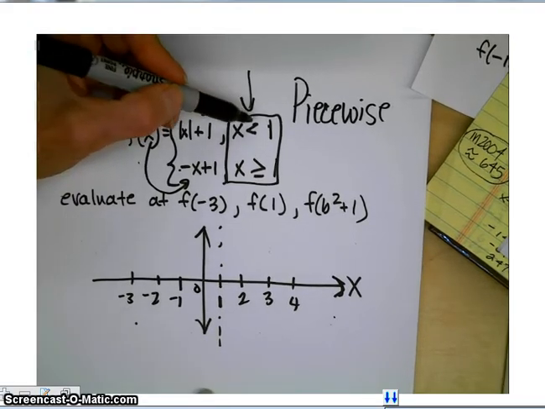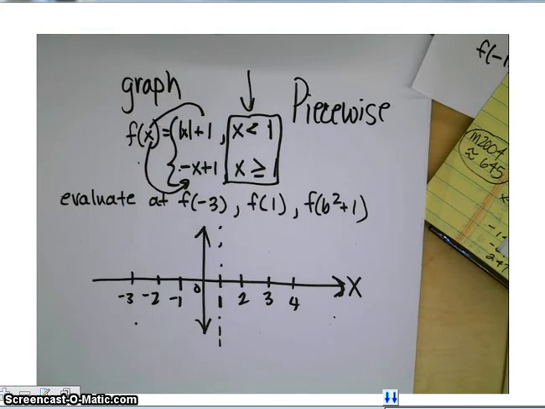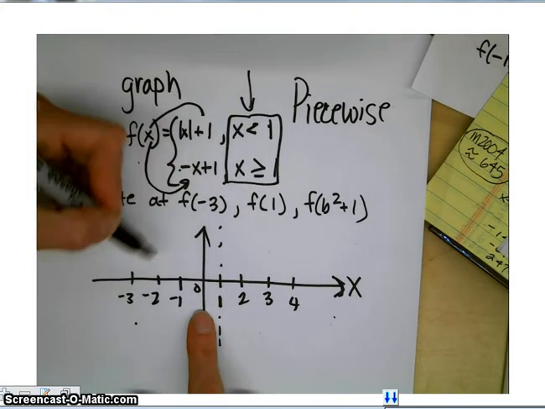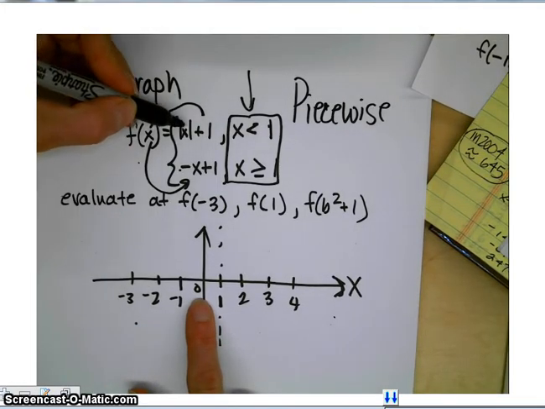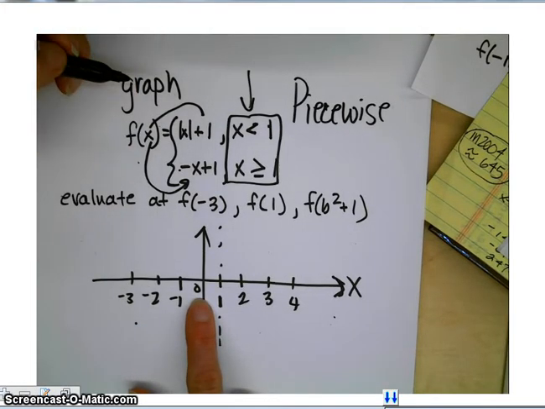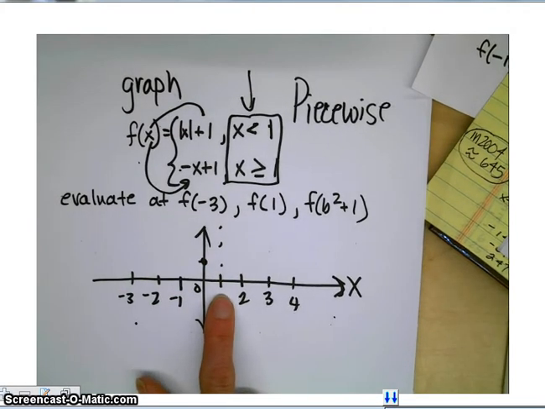Once I decide where it splits, then all I have to do is plug in all of these numbers on the x-axis. So I'm going to plug 0 in here. What's the absolute value of 0 plus 1? 1. I also want to plug 1 in.